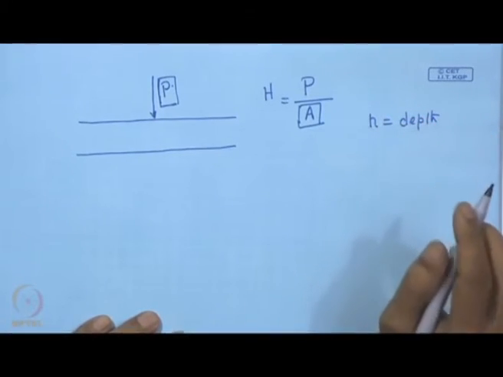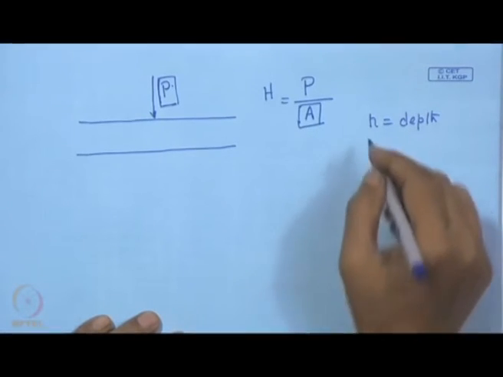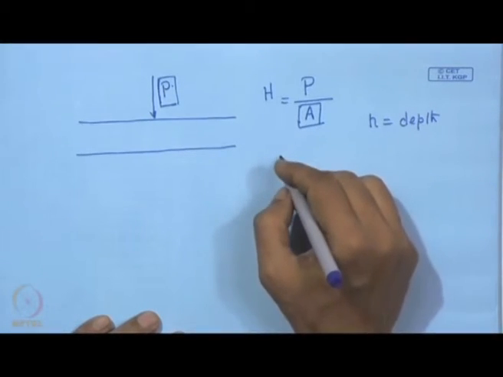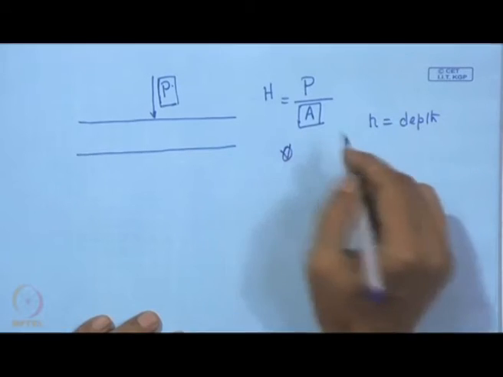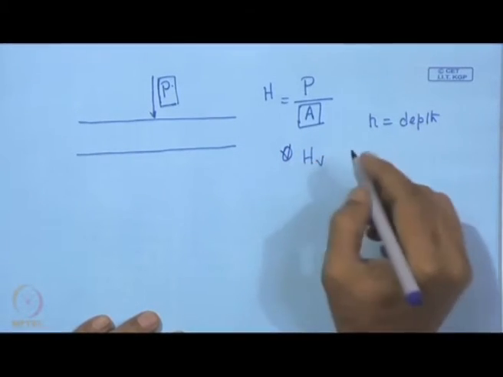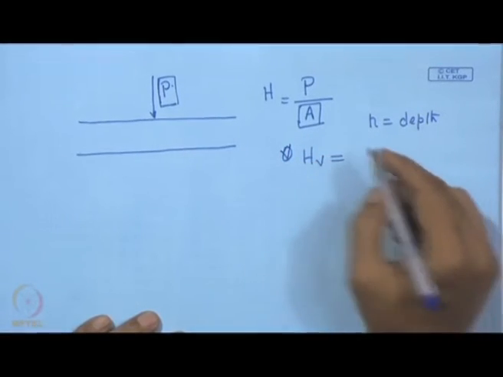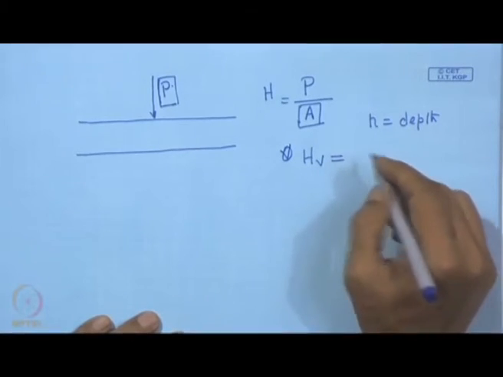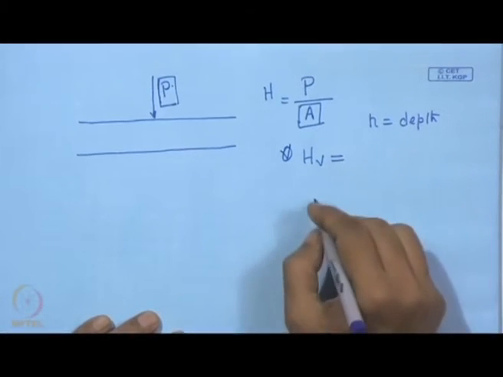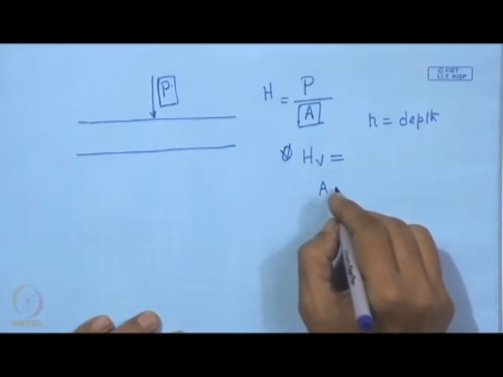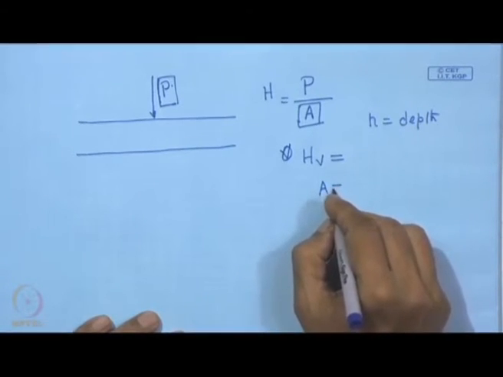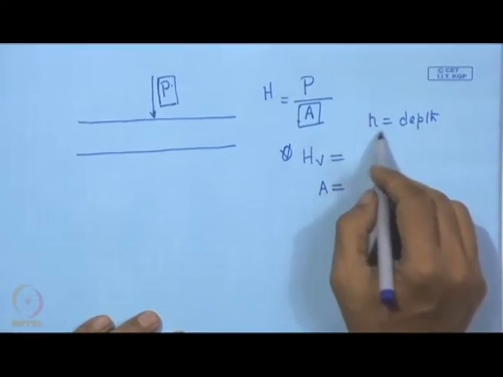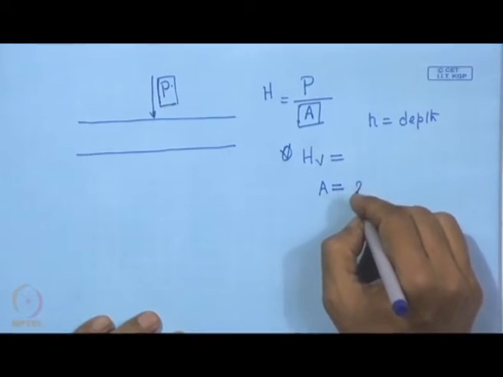So, that is the penetration depth, and when we have this Vickers hardness measurement, the area under indentation can be equated to this penetration depth by a relation.